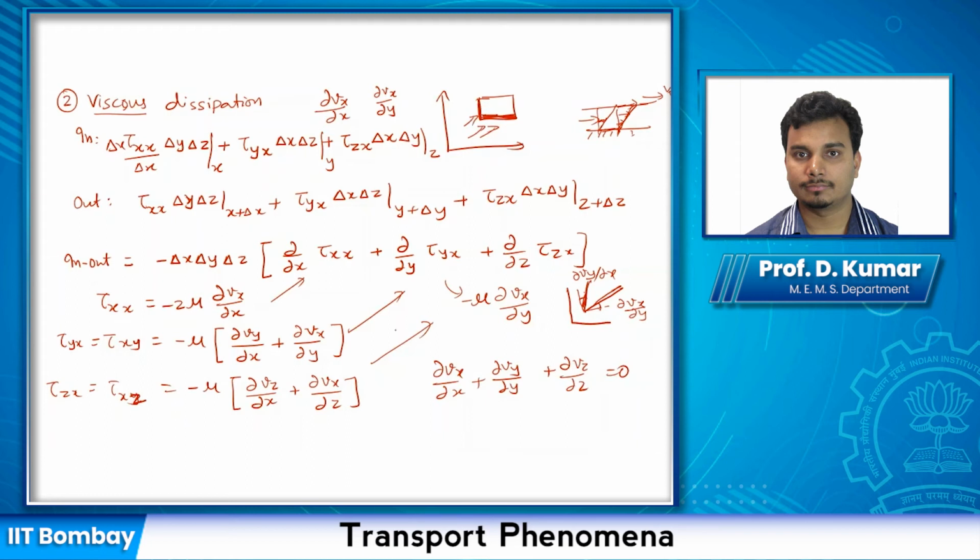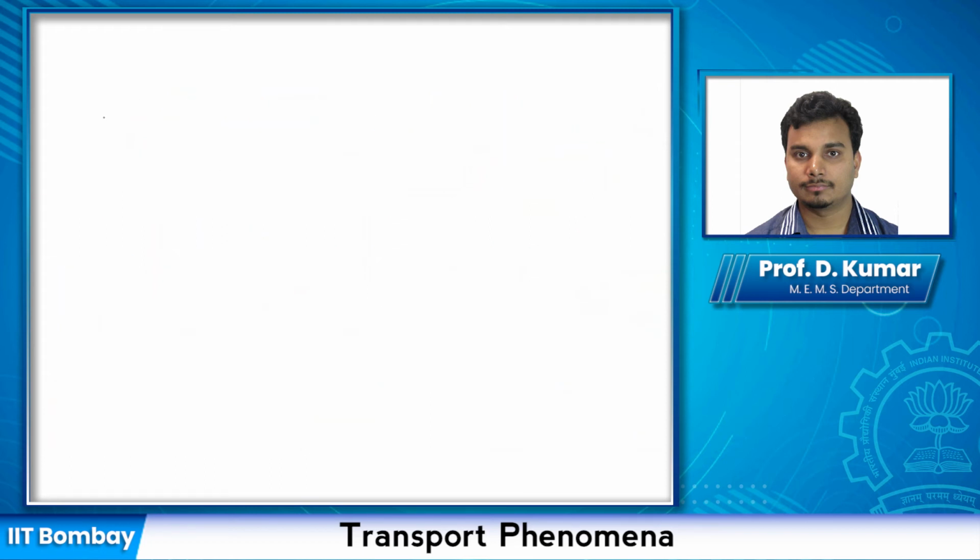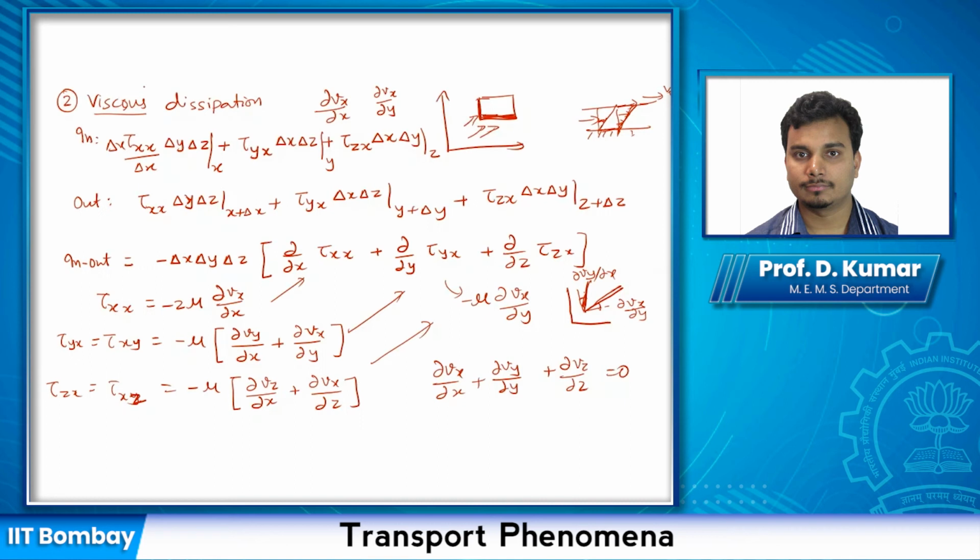Once you substitute it there and use this equation, you will see the viscous term come out. You have a minus term here and a minus term here, so these two minus terms will cancel out.